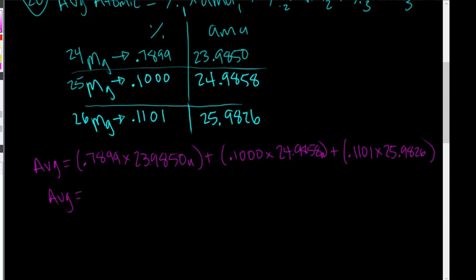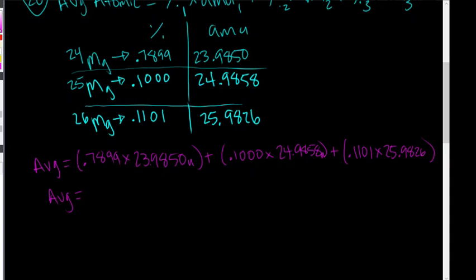So I have 0.7899 times 23.9850 plus 0.1 times 24.9858 plus 0.1101 times 25.9826.